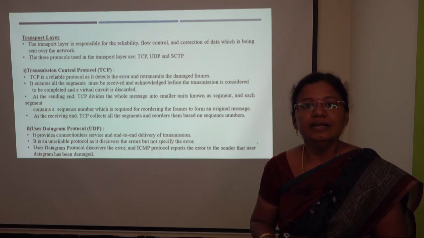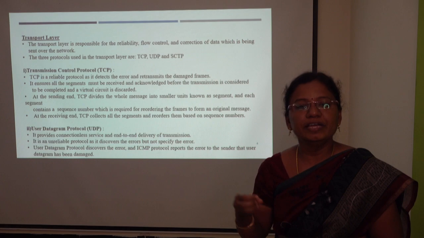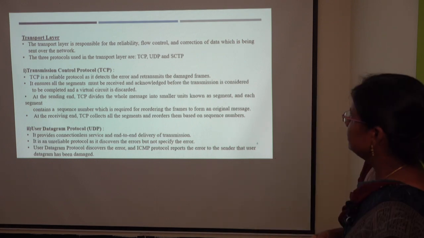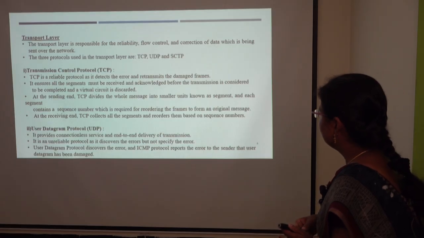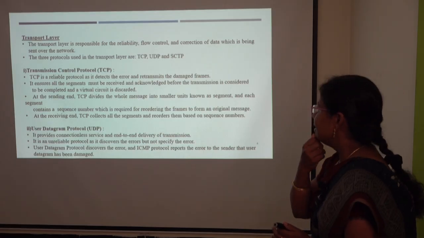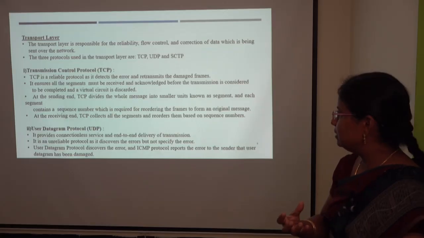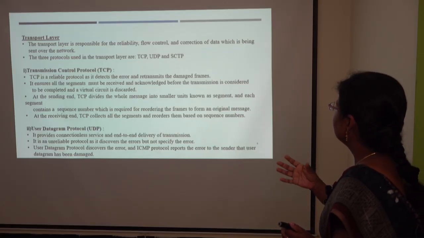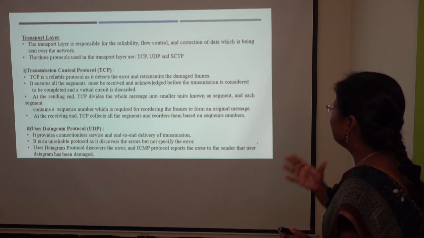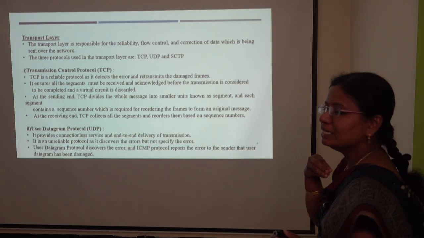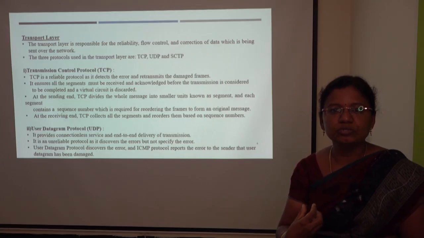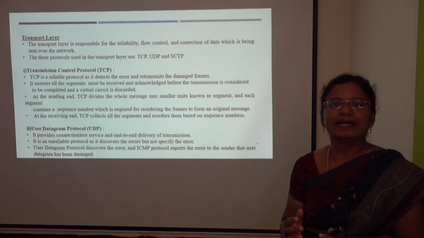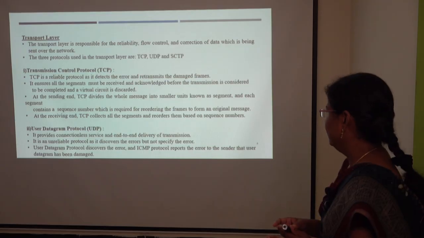Finally, this message is received by the destination and arranged based on the sequence number. TCP is a reliable protocol because it is connection-oriented. At the sending end, TCP divides the whole message into smaller units called segments, and it is transferred to the receiver. When the receiver receives the message from the source, it rearranges the packets based on the sequence number.